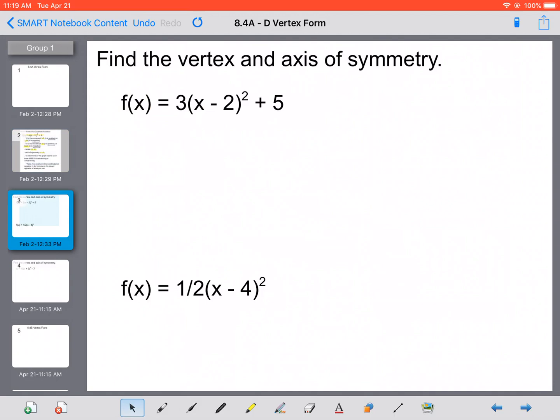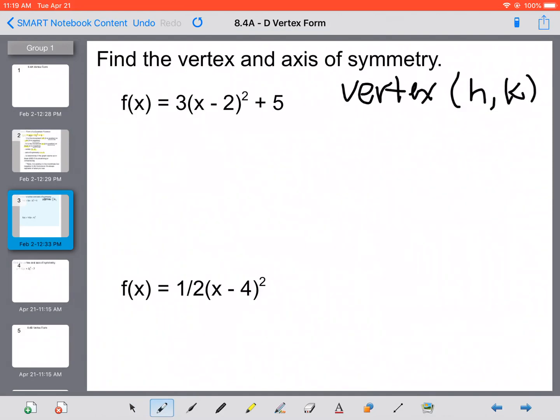Okay, so it says to find the vertex and the axis of symmetry. So remember our vertex is the ordered pair H, K. So in order for us to identify the vertex, we must identify what H and K are.